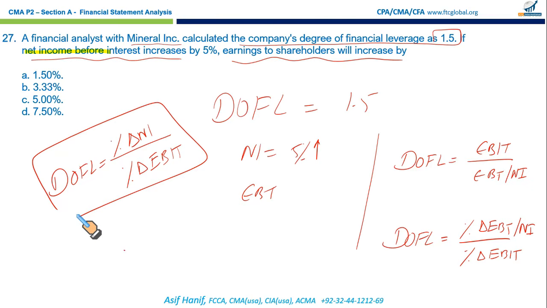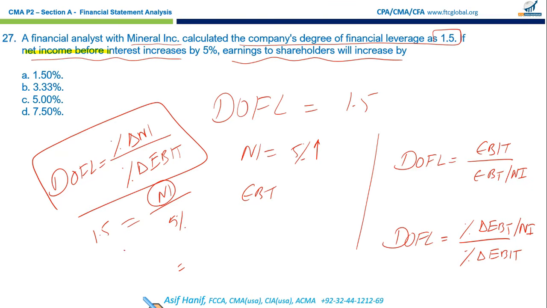A financial analyst with Minerals Incorporated calculated the degree of financial leverage as 1.5. If net income before interest and tax increases by 5%, earning to the shareholders, which is basically net income, how would it be affected? So 5% will go there. Did I use the formula correctly?